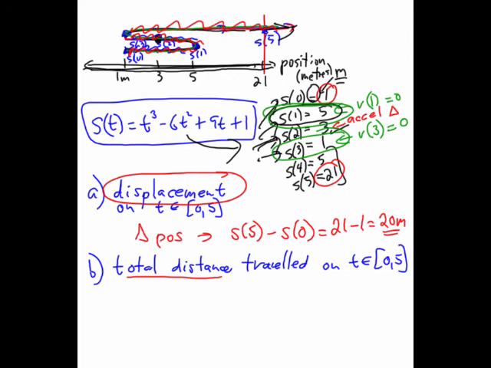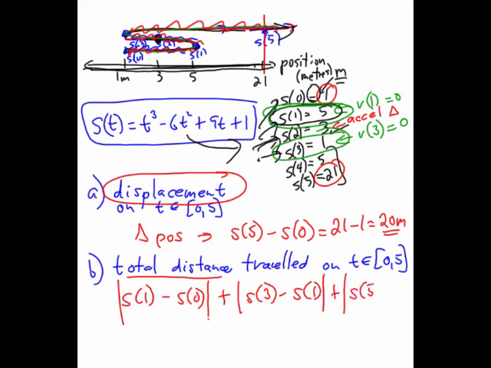So I need the displacement between 1 and 0. I'm going to take the absolute value of that because I need to ensure that that's a positive quantity. The displacement between 3 seconds and 1 second, absolute value that to make sure it's positive, and the same thing between 5 and 3 seconds.